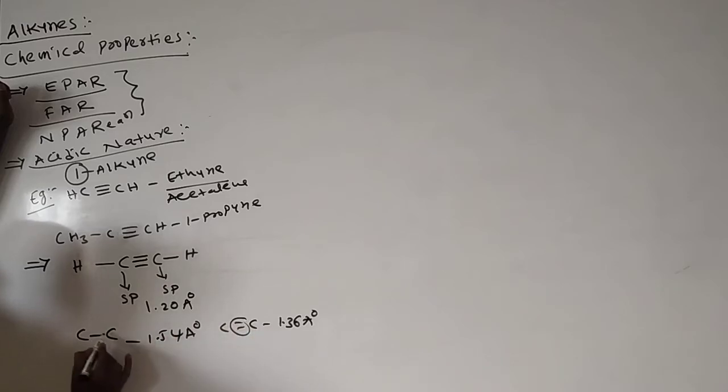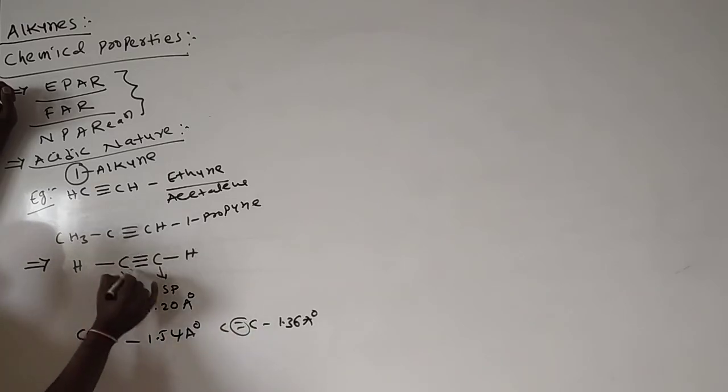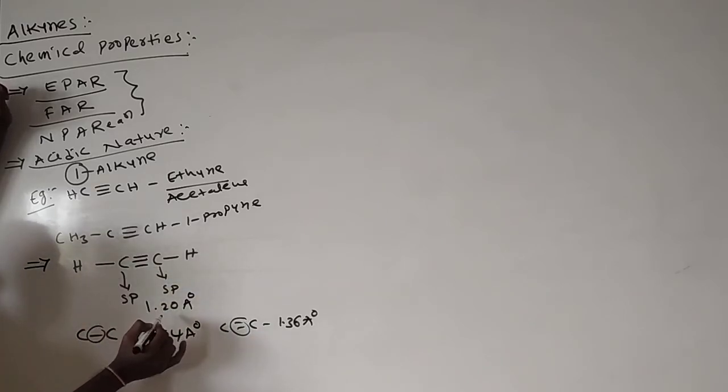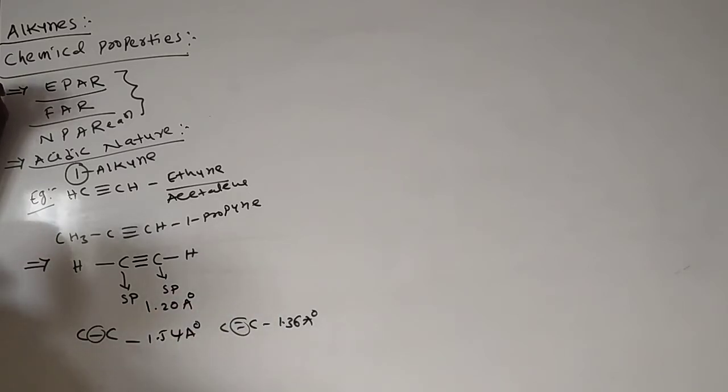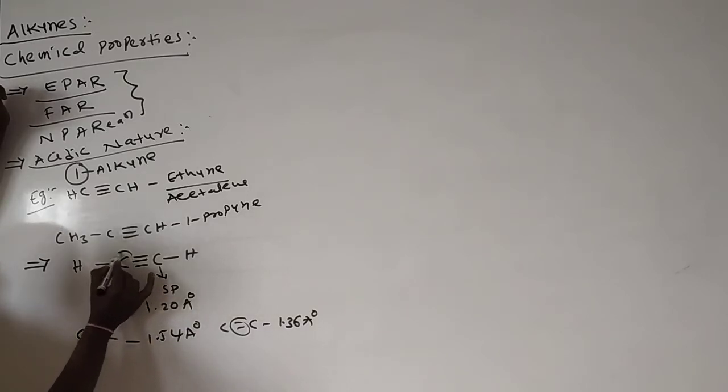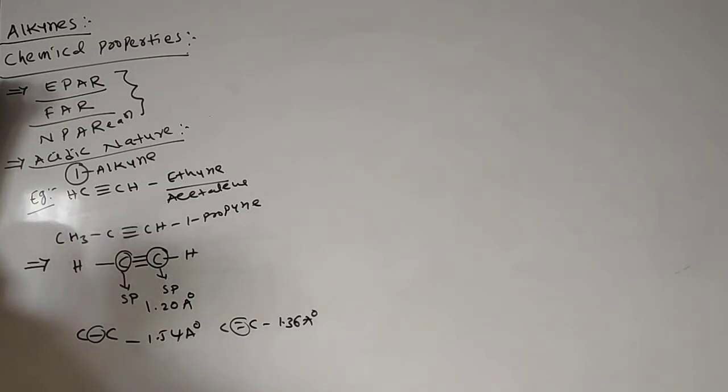Compared to the double bond and the single bond, the triple bond has very little length between two carbon atoms. Due to the short bond length, these two carbon atoms are more attracted to each other.